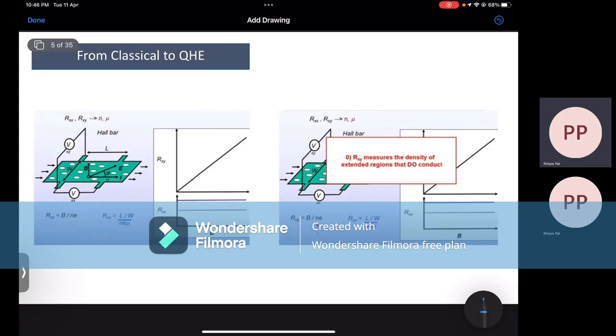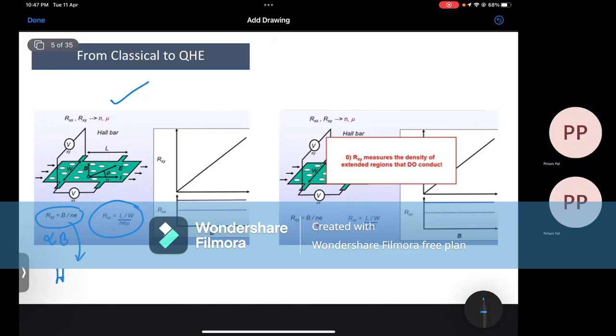So, starting with this, you have already seen, right? This is for the classical Hall effect, and this is how the transverse and the longitudinal resistance are. The transverse part is basically dependent on the magnetic field, and the longitudinal does not depend on the magnetic field. And this is your Hall resistance basically. I have already discussed that. This is Hall resistance.